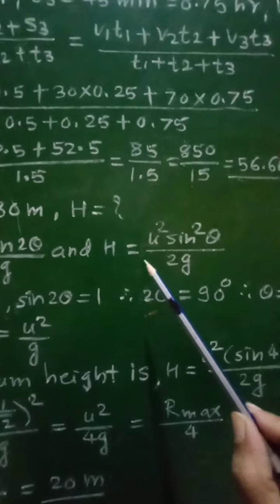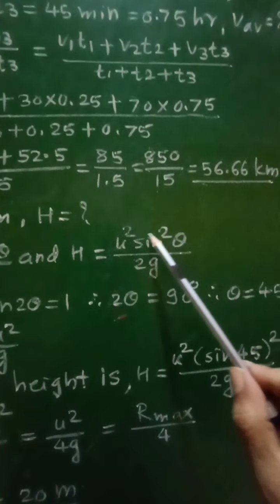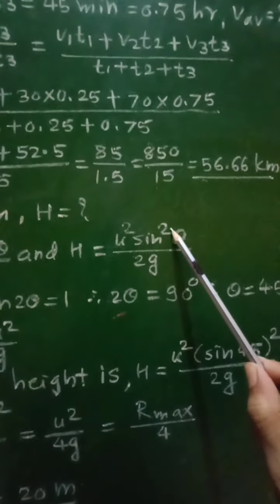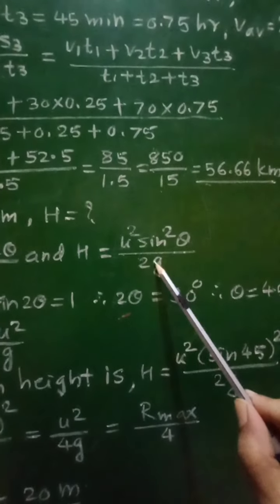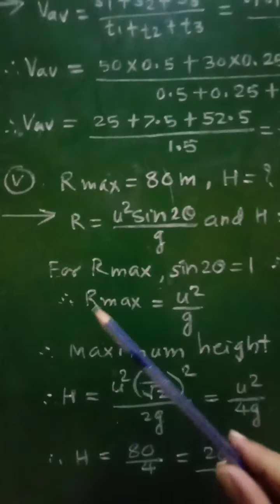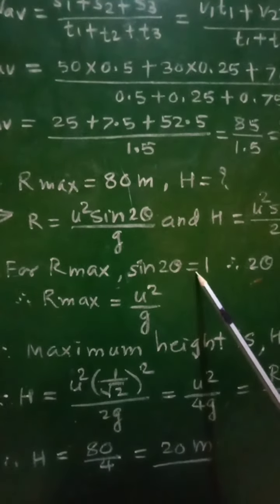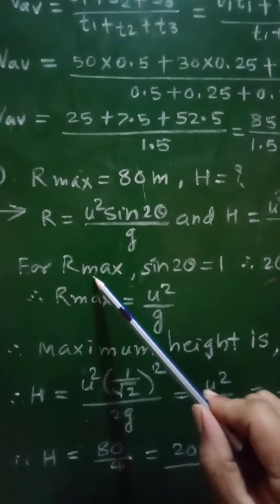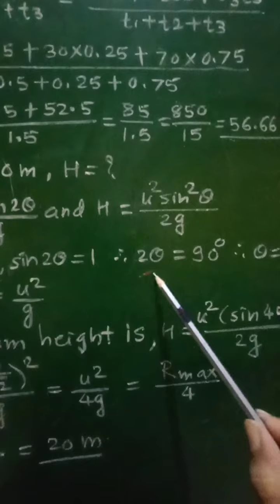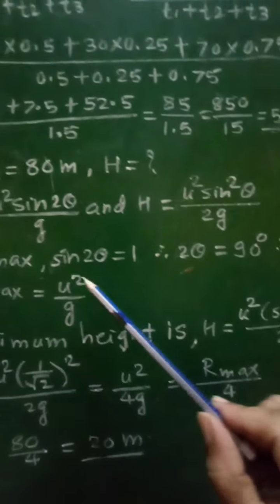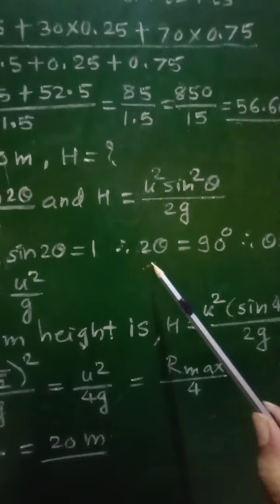Similarly, for this h to be maximum, the value of sine square theta must be equal to 1, so that h max will be u square by 2g. And therefore we can write for R equal to Rmax, sine 2 theta must be equal to 1, and therefore 2 theta must be equal to 90 degree, because for 90 degree, its sine is equal to 1.